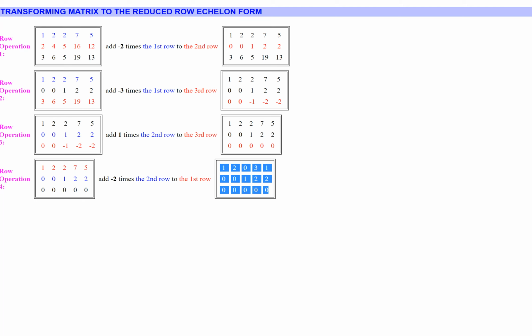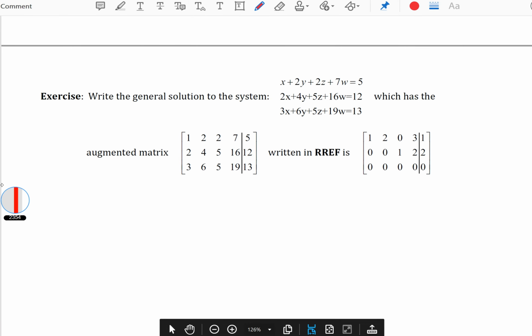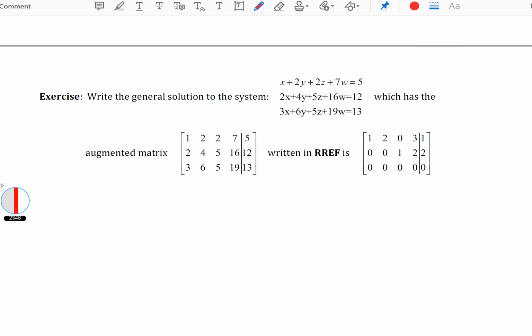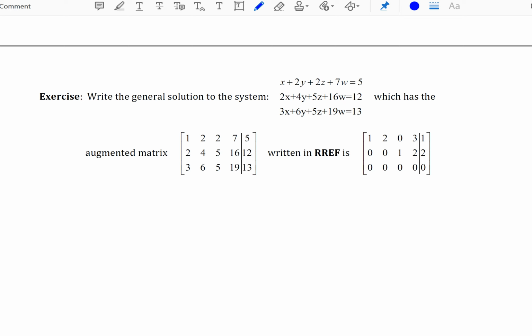Let's copy down our reduced row echelon form matrix, and let's go back to our guided notes. Notice that I've already provided you here with your reduced row echelon form matrix.